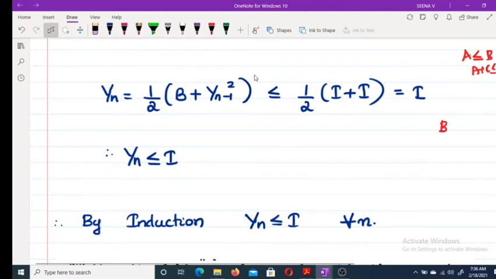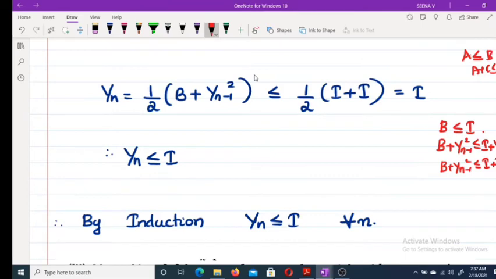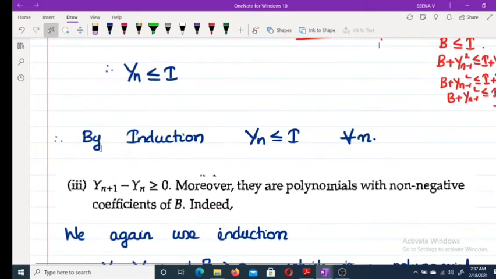We have b less than or equal to I. Okay, so b plus yn minus 1 square is less than or equal to I plus yn minus 1 square. This is again less than or equal to I plus I, and 1 by 2 if we multiply this. Okay, so you can directly tell this implies yn is less than or equal to I. Thus, by induction, we get yn less than or equal to I for every n.